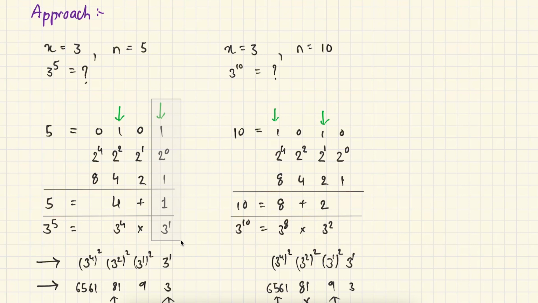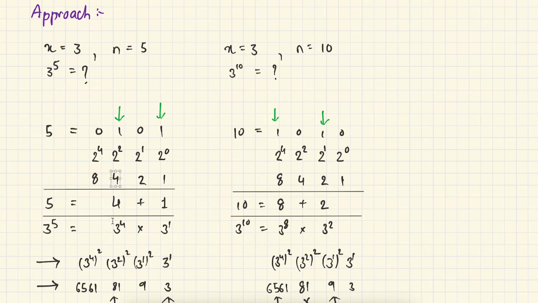Now look at this carefully. In the binary representation of 5, this bit is set and this bit is also set. Now if we find the value of this bit with respect to 3 and the value of this bit with respect to 3, we get our answer, right? How? See, the value of this bit is what? 4.